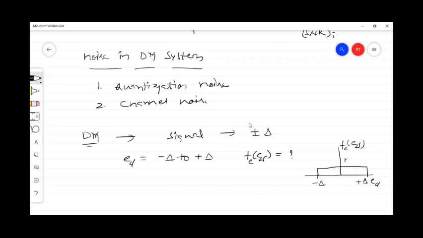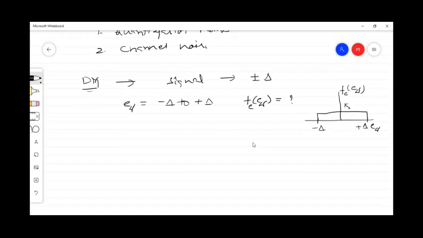Let us say this constant value is k. From this we can calculate the area under this probability density function, k into 2 delta, because the quantization error is changing from minus delta to plus delta. So the area under this is equal to 1. Now k equals 1 by 2 delta.